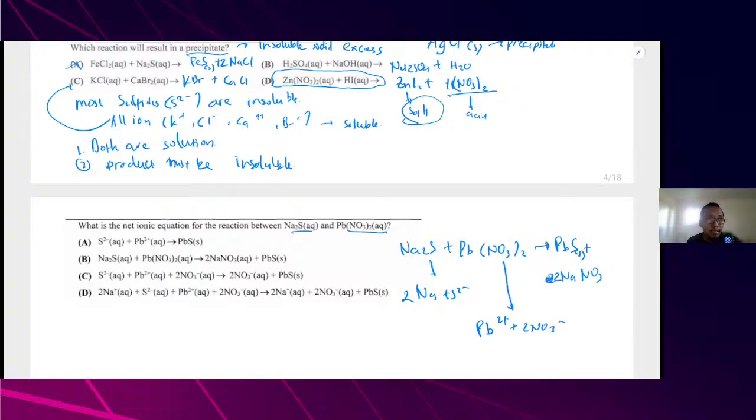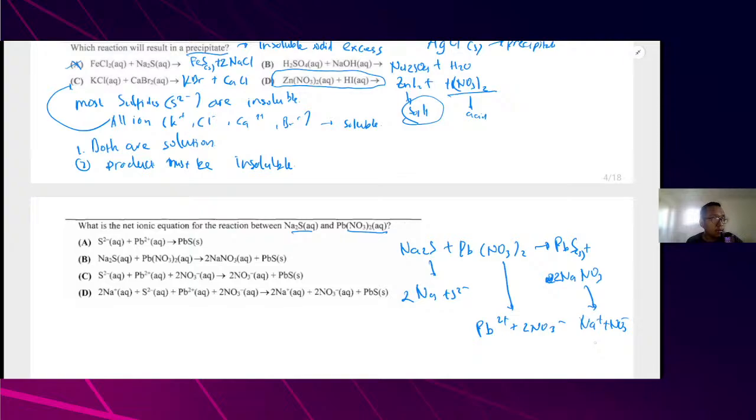We don't need to break it down because it is a solid. How about the NaNO3? Remember, most of the sulfates are insoluble. It will be Na plus and NO3 minus.